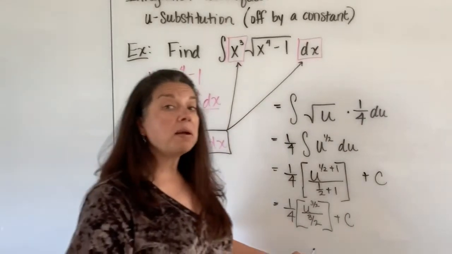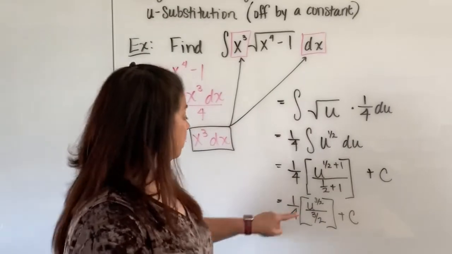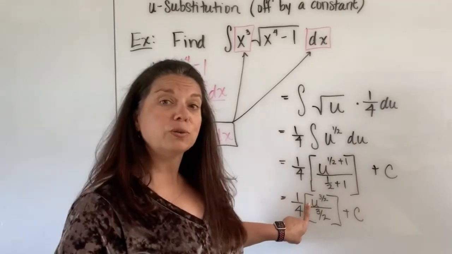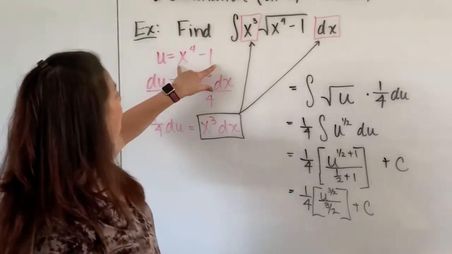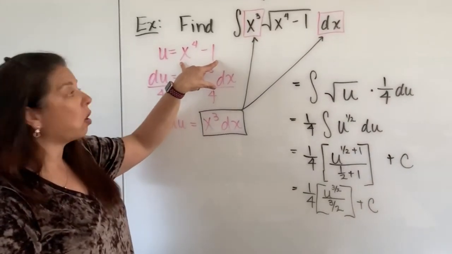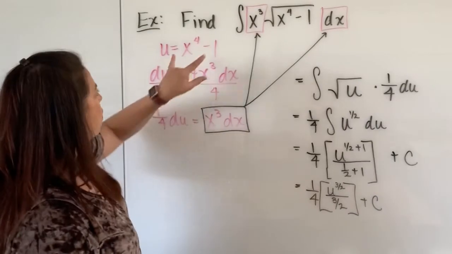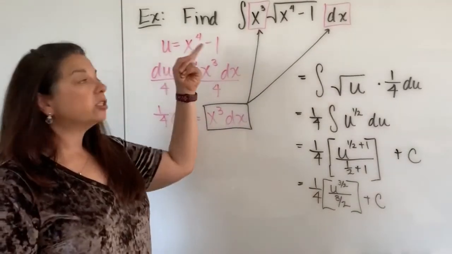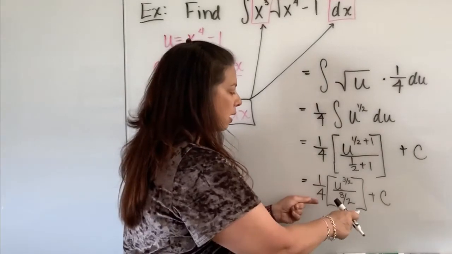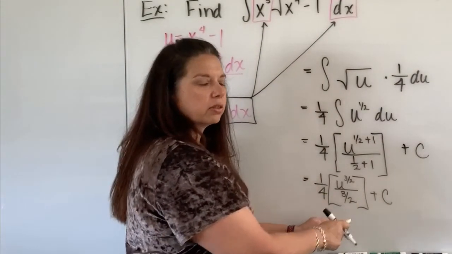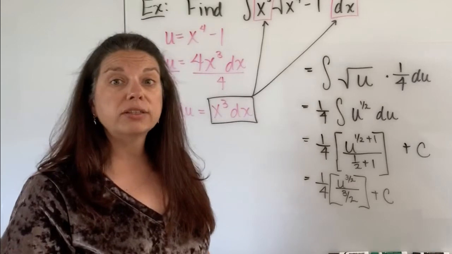Okay, again though I'm not done because I can't leave my answer with u still in it when I didn't start with u's, right? We started with x's. So we have to go back and exchange out all our u's, which luckily we only have one, and that will be an exchange of x to the 4th minus 1. And if you really wanted to simplify the 1/4 and the 3/2 down here, you could do that too.